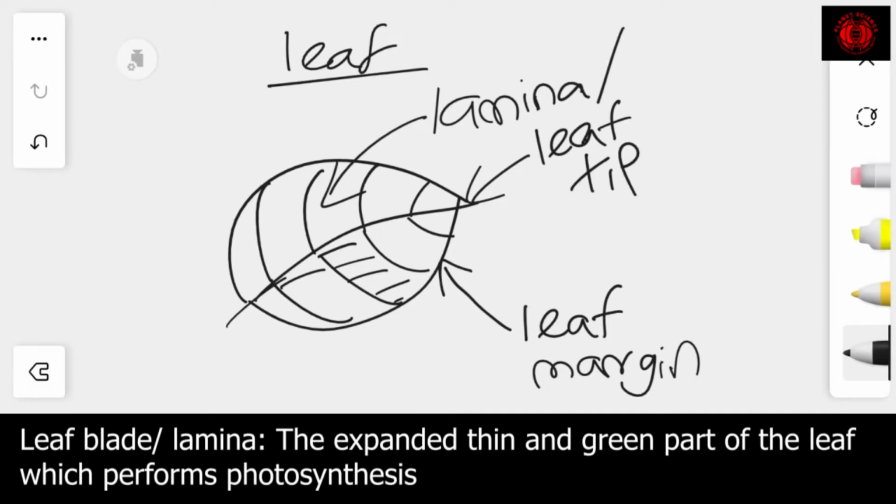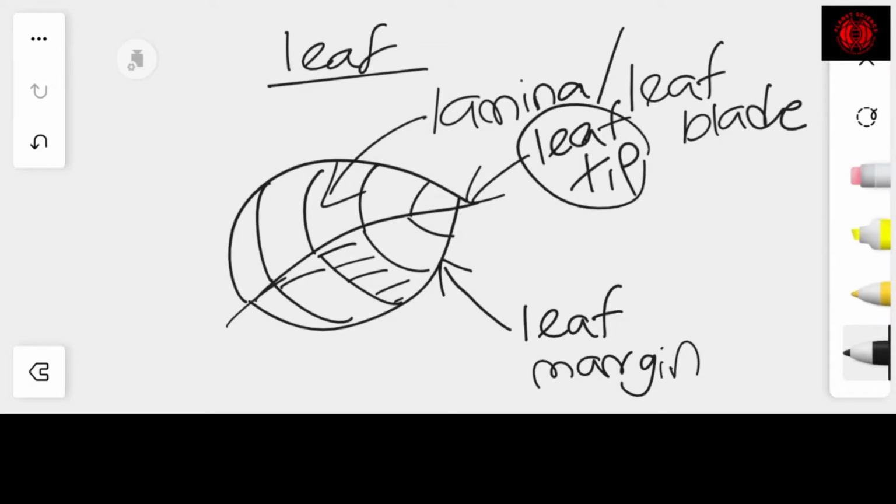Or we have another name for that. It's leaf blade. This is the leaf tip, this is the leaf margin, and this whole area we can name as the lamina or leaf blade.